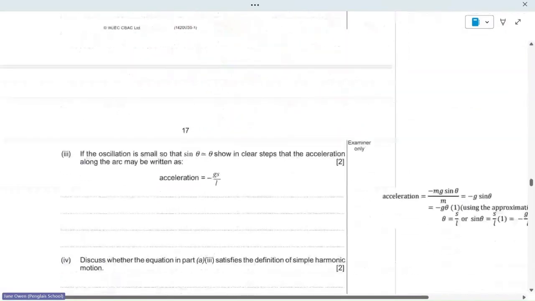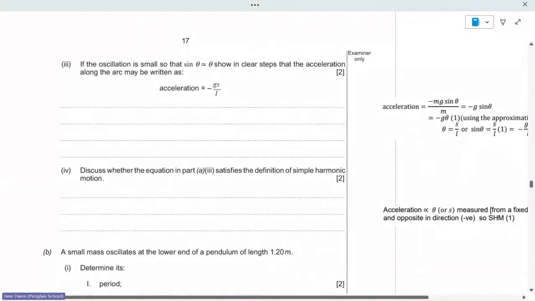And then the clever stuff comes into this bit now. If the oscillation is so small that sine theta is roughly equal to theta, show in clear steps that the acceleration is given by minus g s over L. Now, we know resultant force equals mass times acceleration, so the resultant force divided by the mass is equal to the acceleration.